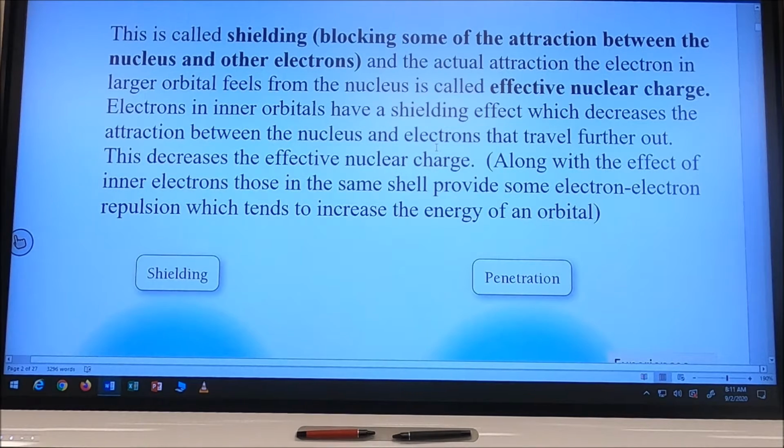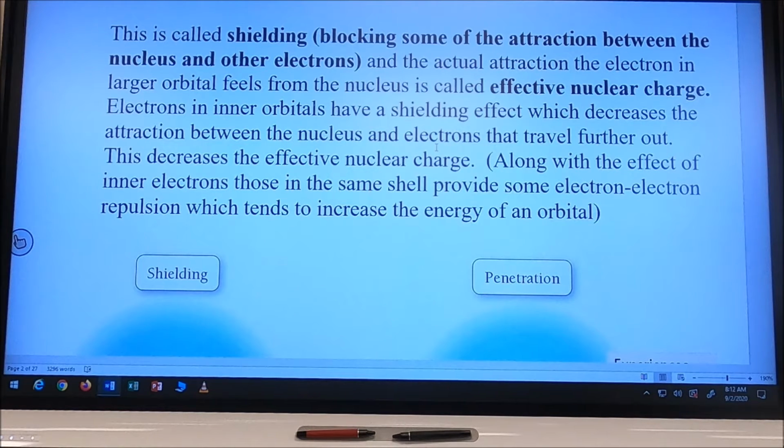Now, this action of the inner electrons on the interaction of the outer electrons with the nucleus is called shielding. Okay, so it's the blocking of the attraction between the nucleus and other electrons that are further out. The actual attraction an electron feels in a larger orbital is called effective nuclear charge.